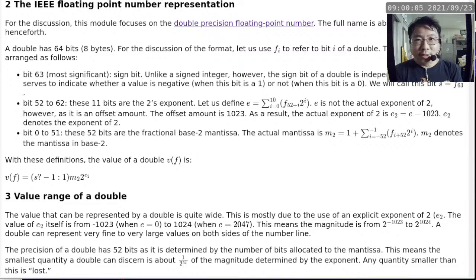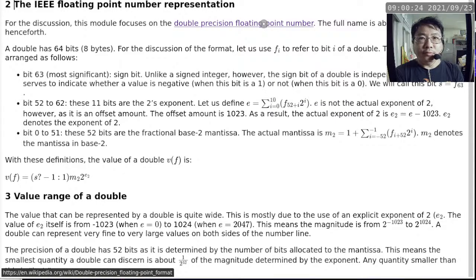If I need to summarize double precision floating point numbers, this is it. This section 2 right here that you're seeing on the screen. Yes, my face is covering a part of it, but you can open the same document on your side, in your own browser. So this basically sums up what a double precision floating point number is, and there's really not much to say.